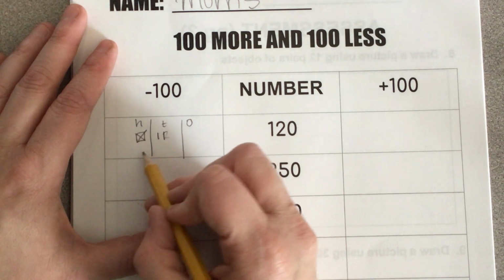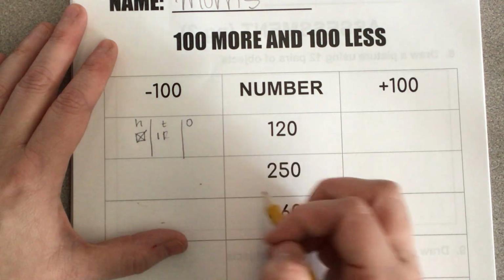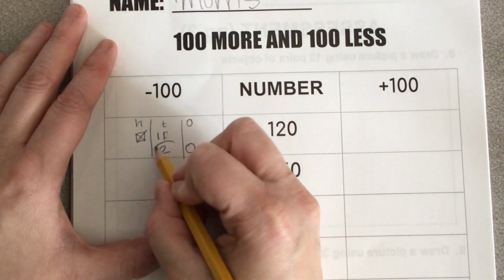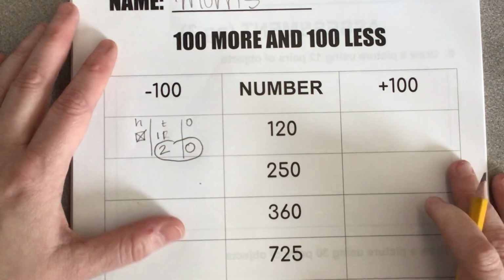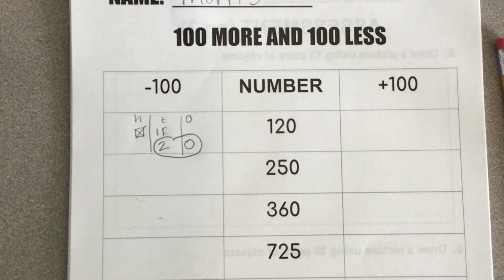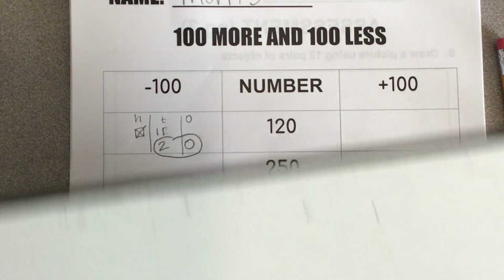So now I don't have any hundreds, so that's 0. I'm going to leave that blank. I have 2 tens, 0 ones. So I'm going to circle that and show that is my answer. You can try drawing on the paper, but I can understand if that's not enough room, you can do it on the whiteboard.